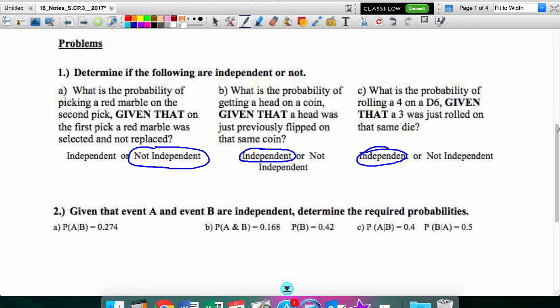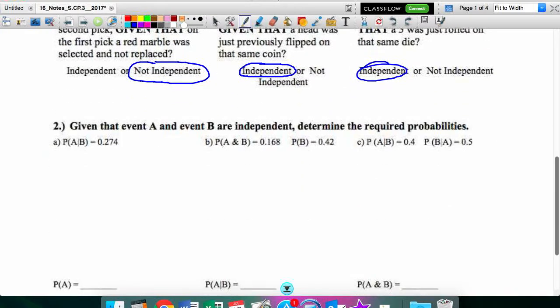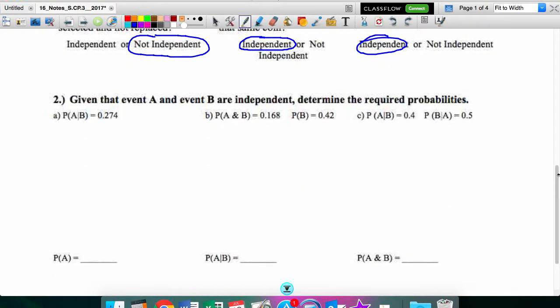Now let's go ahead and start using our equations to calculate some probabilities. In example A, we have the probability of A given B is 0.274, and we want to know the probability of A. Something very important I forgot to mention. In the directions, we're told that these events are independent. That is extremely important because we need to know that the events are independent in order to use the equations up above.